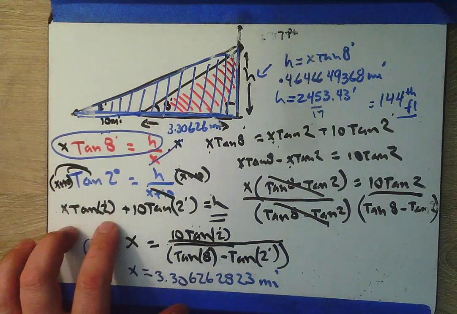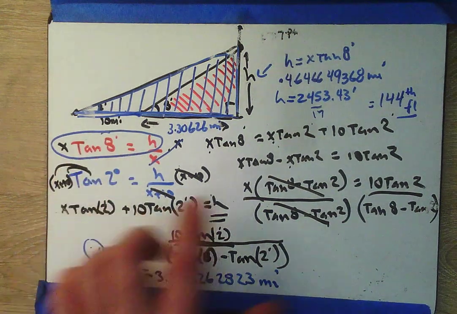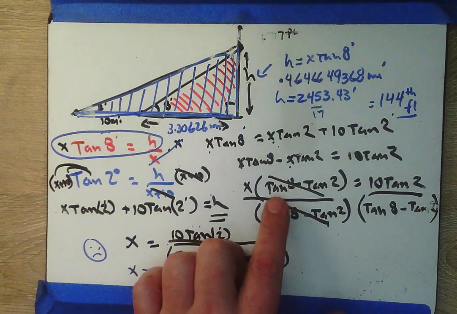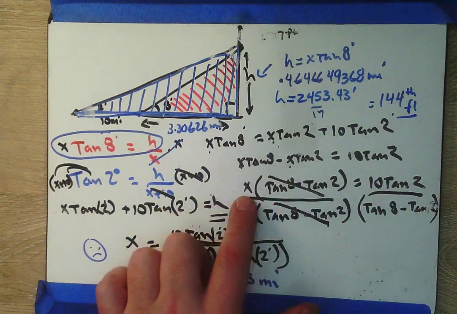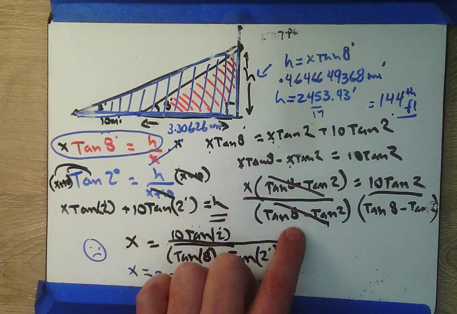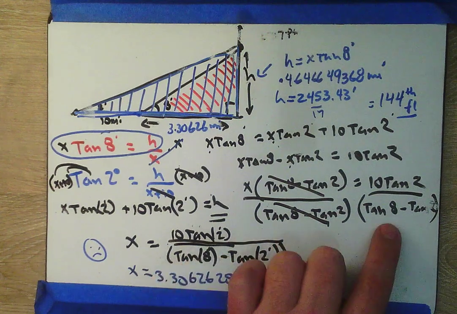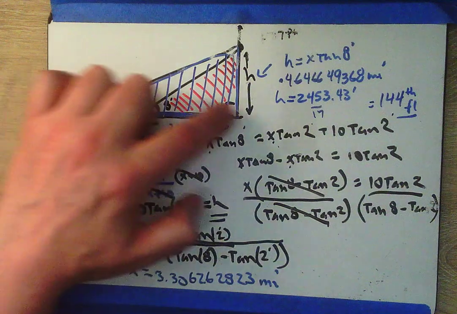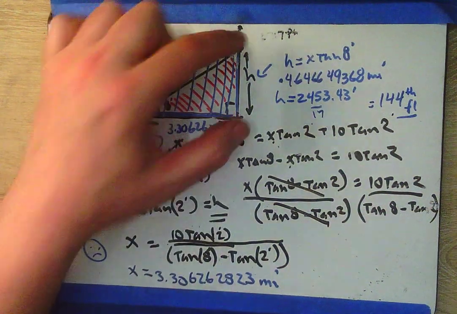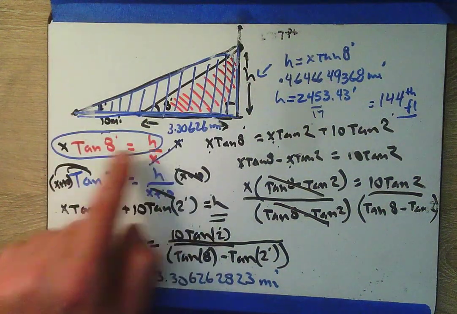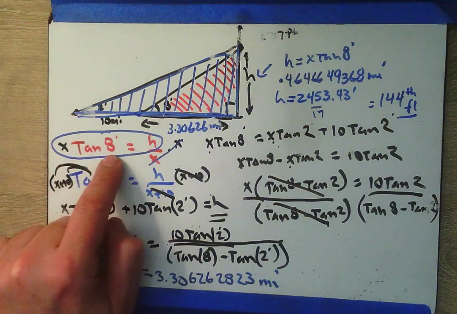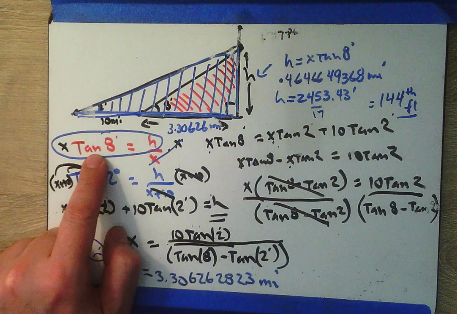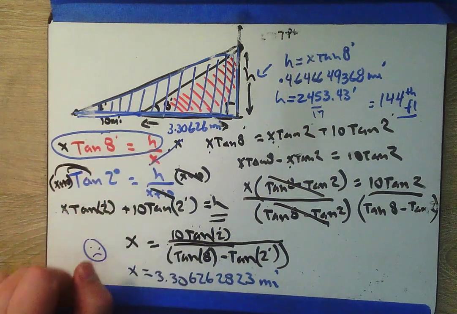But it made it really easy for us to set one equation equal to the other. We moved all the x's to one side, we factored an x out, and then divided by the stuff that was left over so that we could have x by itself. That gave us the value of x, which was not our answer. We had to remember that the height was really x tan 8. So we took that x value and multiplied it by the tangent of 8 to get the height.